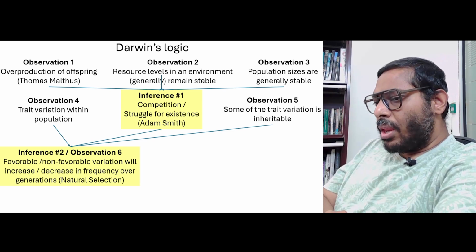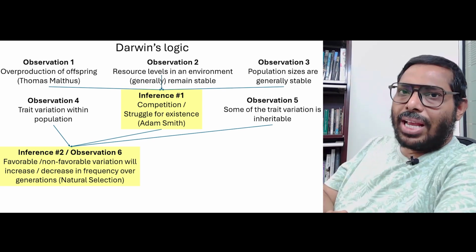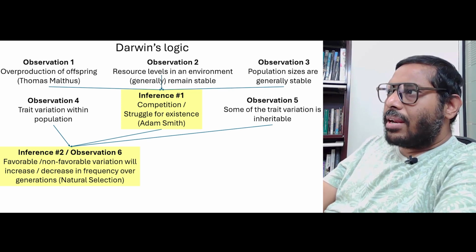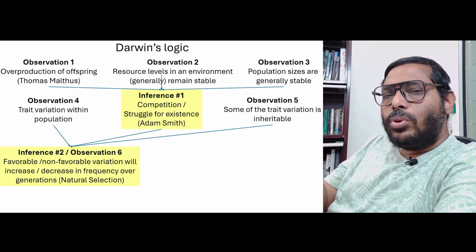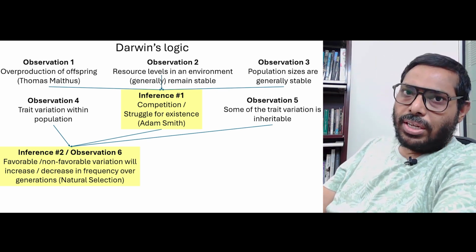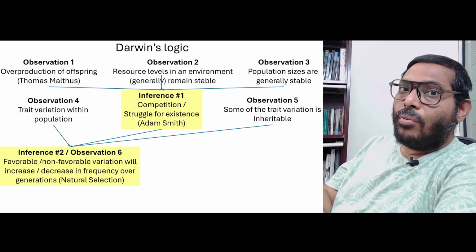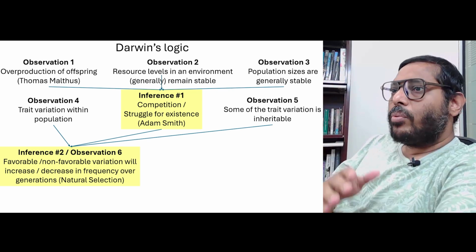Okay. So, now once you have the inference of natural selection, then what happens when this process is continued across generations? Let us say we are going back to our deer and leg length example, what will happen?